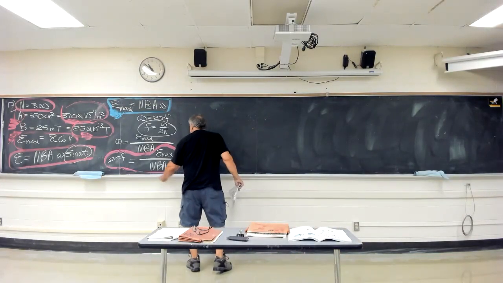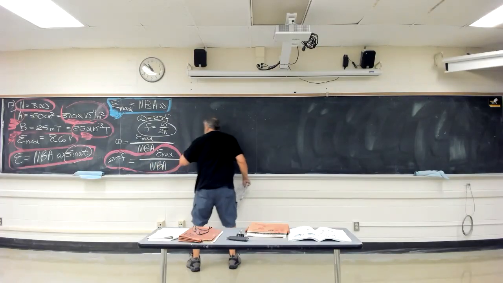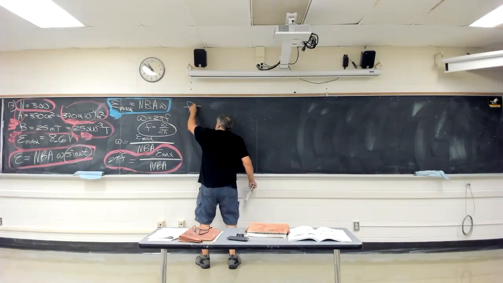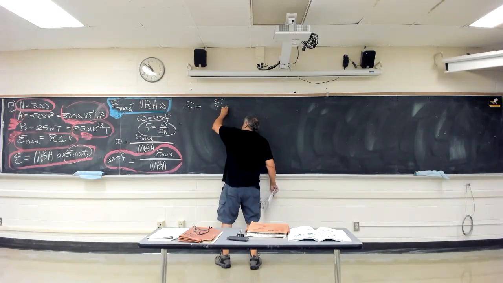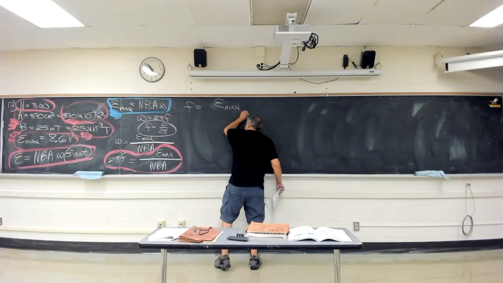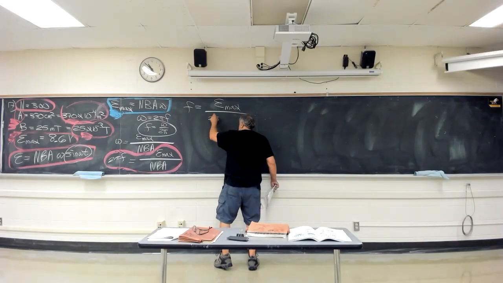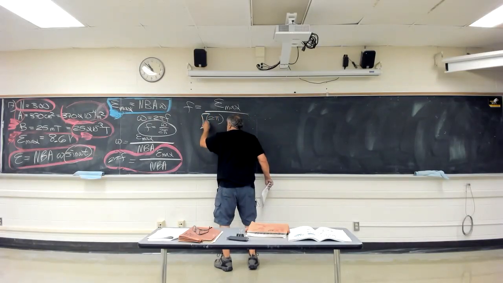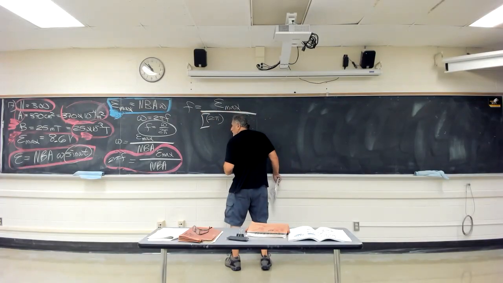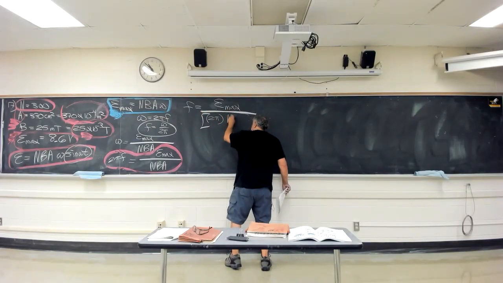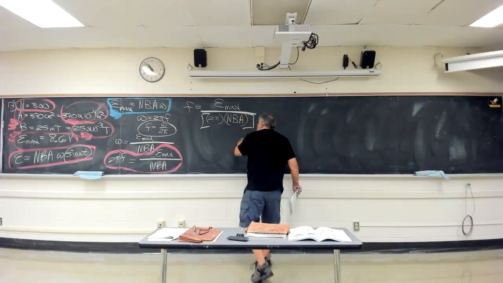You saw all the monkey business I did up here. I'm going to do it again. I'm going to divide by 2 pi on each side. F is going to be Emax over 2 pi NBA. That's it.